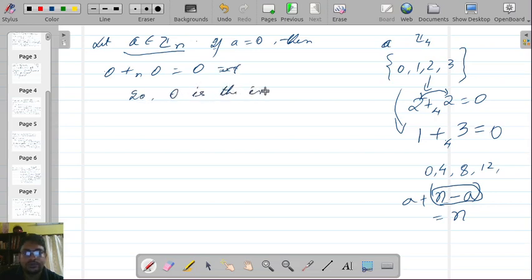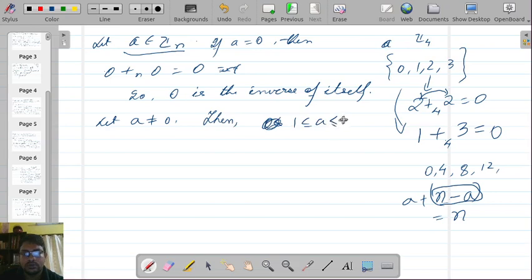Inverse of itself, right? So let a not equal to 0. Then what we have is 1 less than or equal to a less than or equal to n minus 1, because the set Zn contains only the elements 0, 1, 2 up to n minus 1.